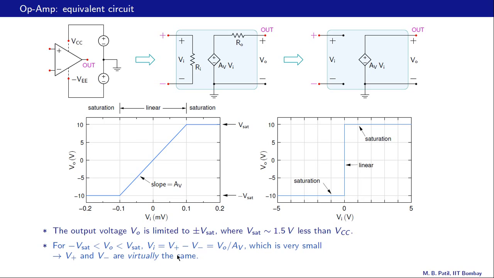In other words, V plus minus V minus is nearly 0, and therefore V plus and V minus are virtually the same. So this is a very important observation, and we will make use of this when we look at op-amp circuits.